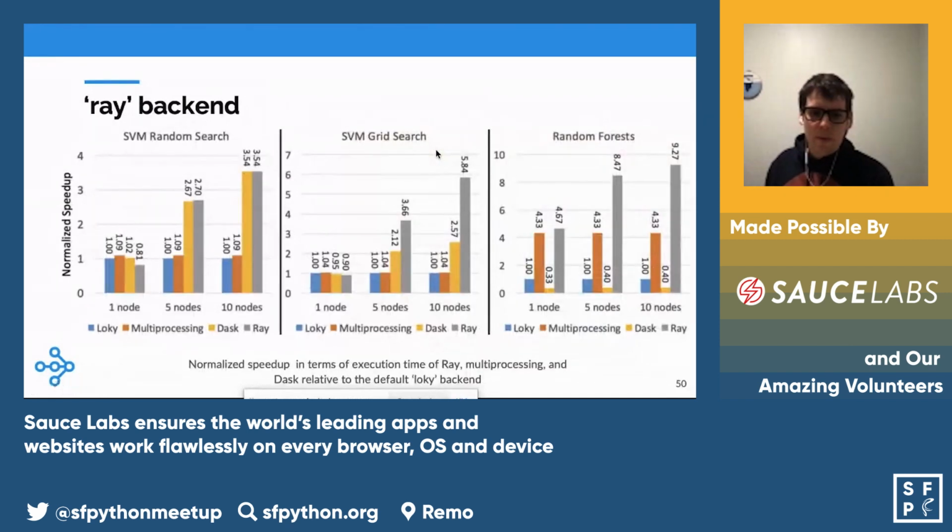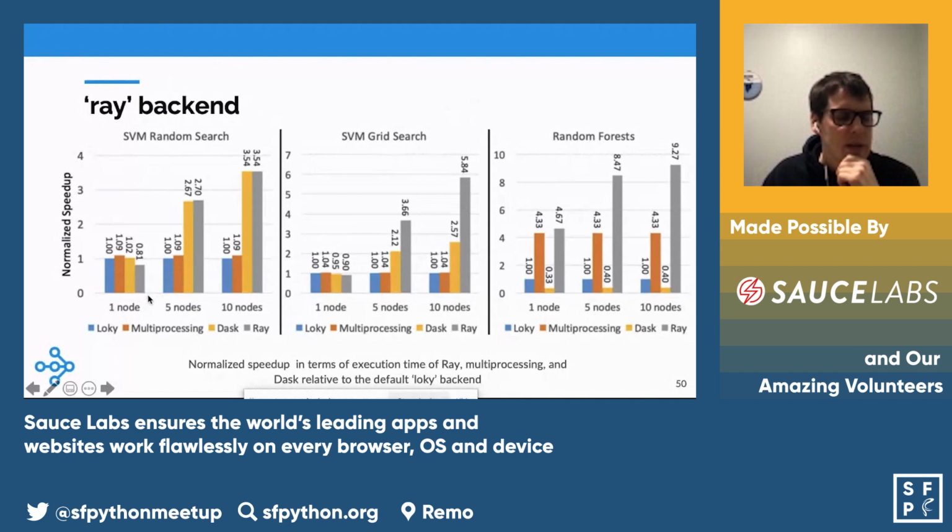I'm not going to get into so much about these graphs because I imagine I'm going to run out of time soon. But what they show is normalized speed up in terms of execution time. Basically, higher is better for the backends of Ray, multiprocessing, Loki, and Dask relative to the default Loki backend. What we see here are different algorithms: support vector machines with random search, grid search, and then random forests.